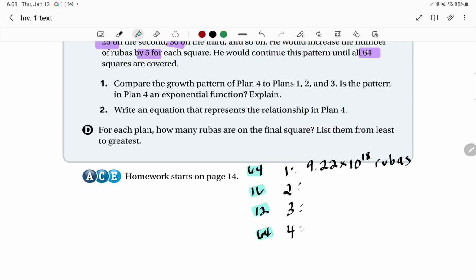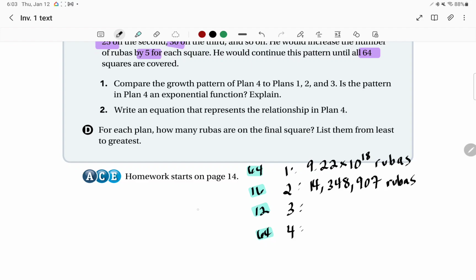Number 2, that's where the king said only 16 squares. So if you figure that out, you would have 14,348,907. We did that earlier up there as well.